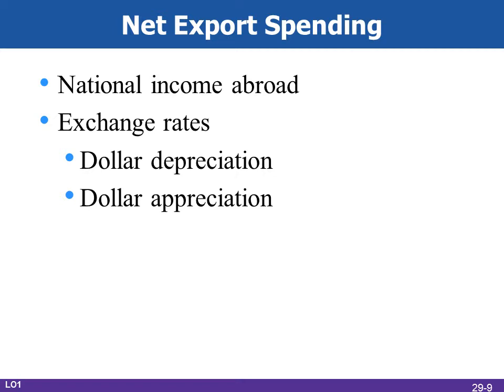So a dollar that depreciates makes U.S. exports less expensive, right, to the country which we are talking about as far as comparing exchange rates. So for instance, if the dollar appreciates against the yen, it makes U.S. exports more expensive to Japanese people. Right? So changes in exchange rates will also impact aggregate demand.